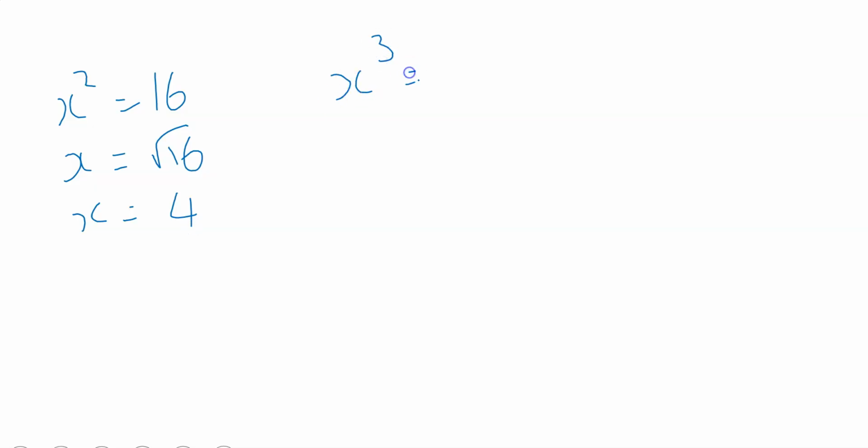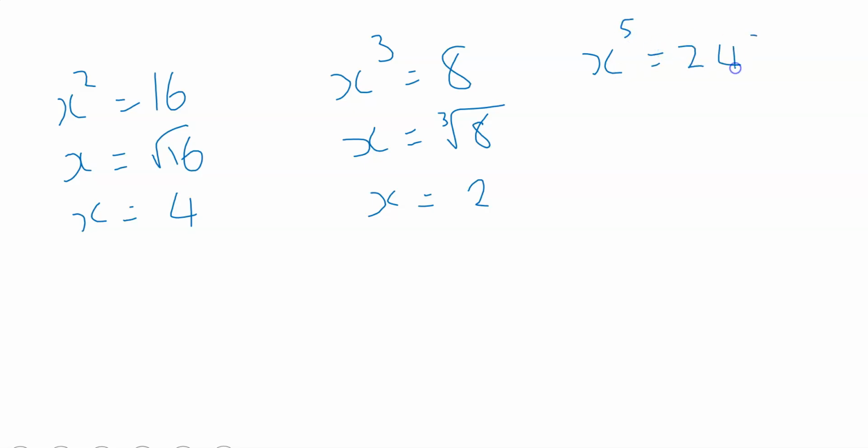If I had x cubed equals 8 and I wanted to solve that equation to work out what x is, we know that we would take the cubed root of 8 and that would give us x equals 2. If I had x to the power of 5 equals 243, to find out what x is, we would take the fifth root of 243 and that would give us 3.